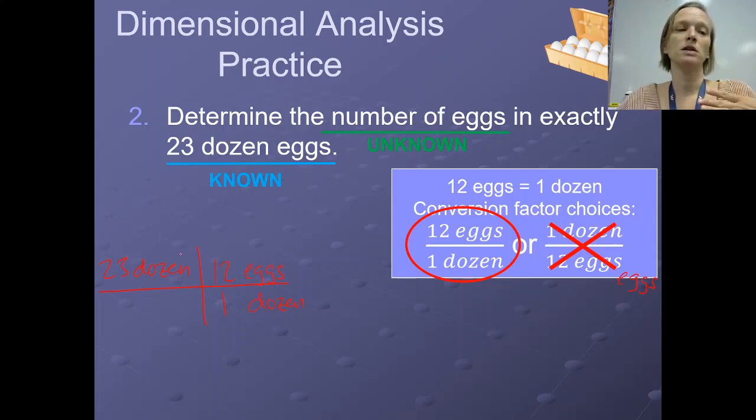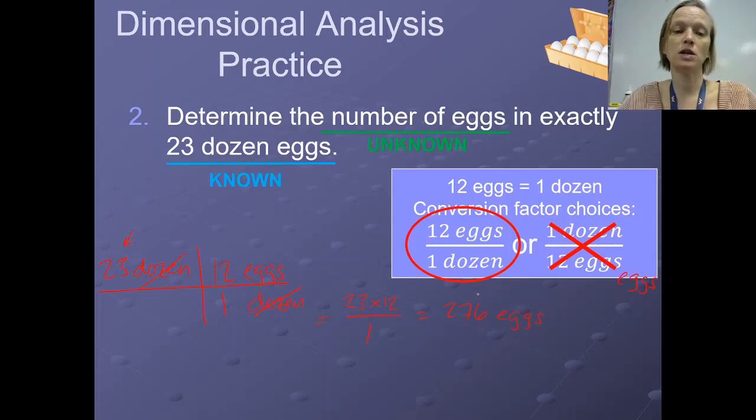Step 4 is to check to make sure that my units cancel, and they do. Step 5 is to do the math. So I end up with 23 times 12 divided by 1. And 23 times 12 is 276. So 276 eggs is my answer. Now, like before, you may think, hey, 23, I only had 2 sig figs here at the start.